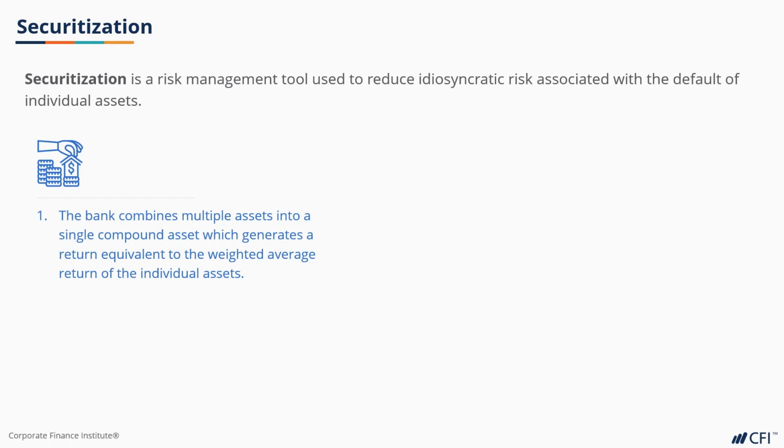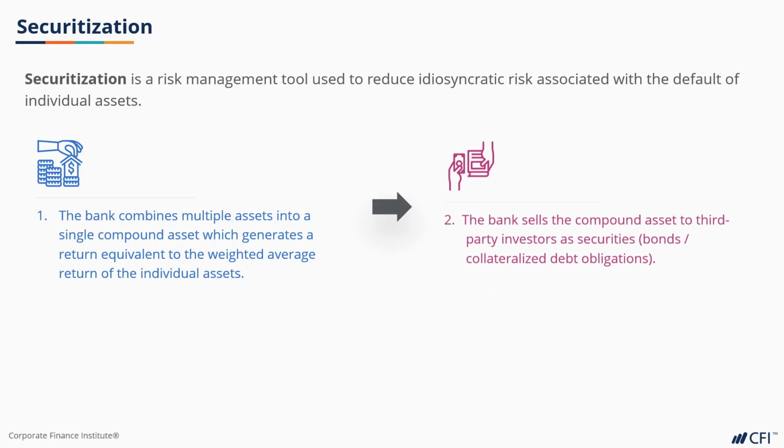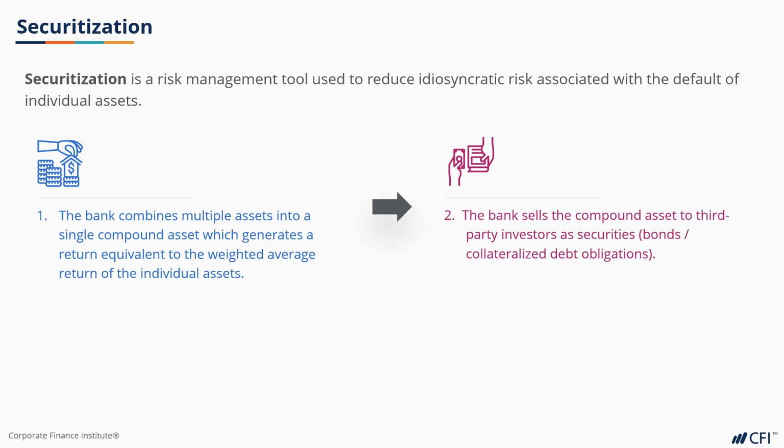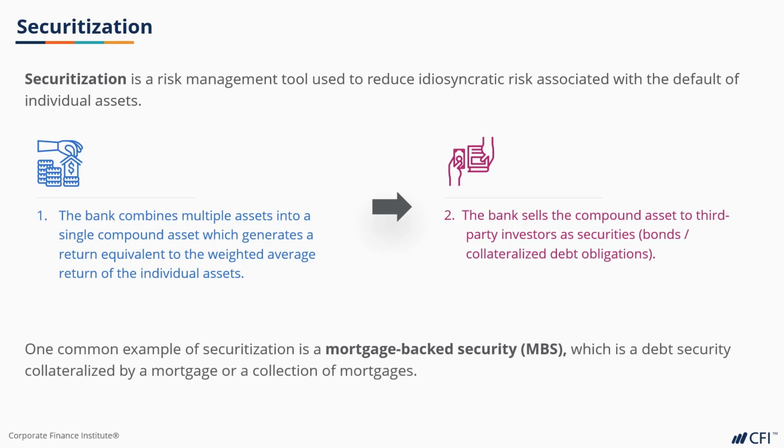Next, the bank sells the compound asset to third-party investors as securities, which could be in the form of bonds or collateralized debt obligations, otherwise known as CDOs. A common securitized product is a mortgage-backed security, an MBS.